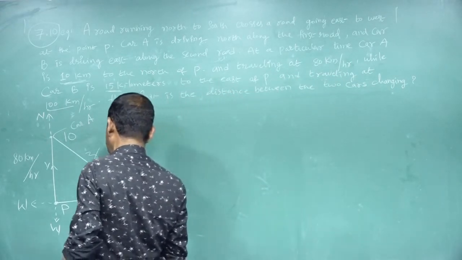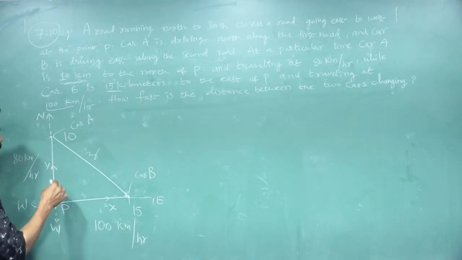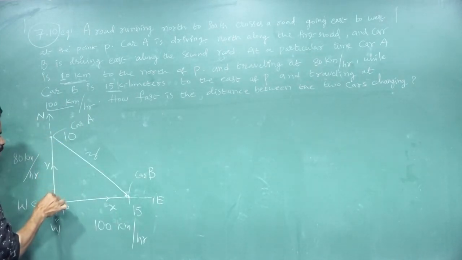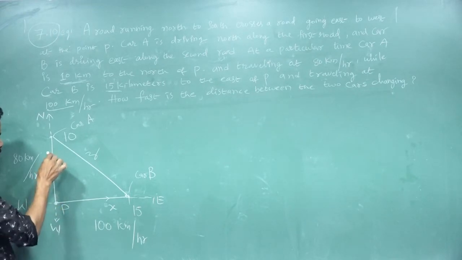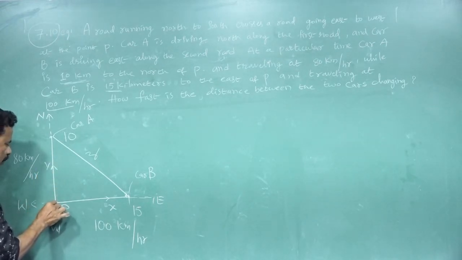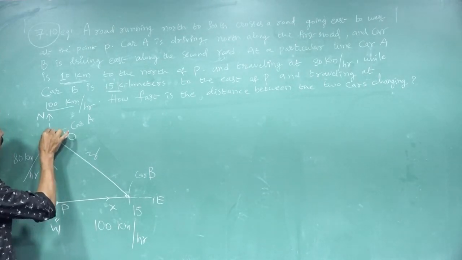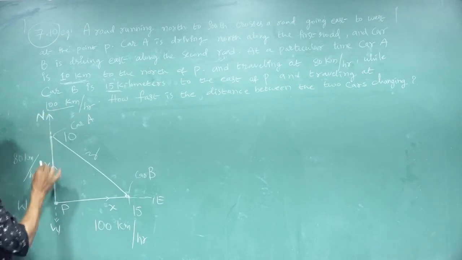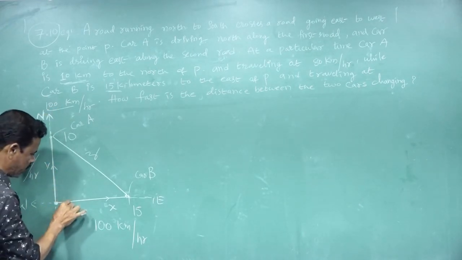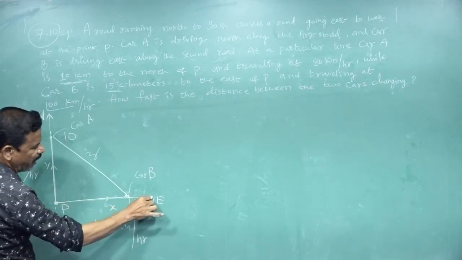He is asking this. So we draw the north direction and east and west, and point P. First of all, identify point P here, one fixed point. This is the road crossing. This is the north side, denoted by N, and on the right side is the east side.